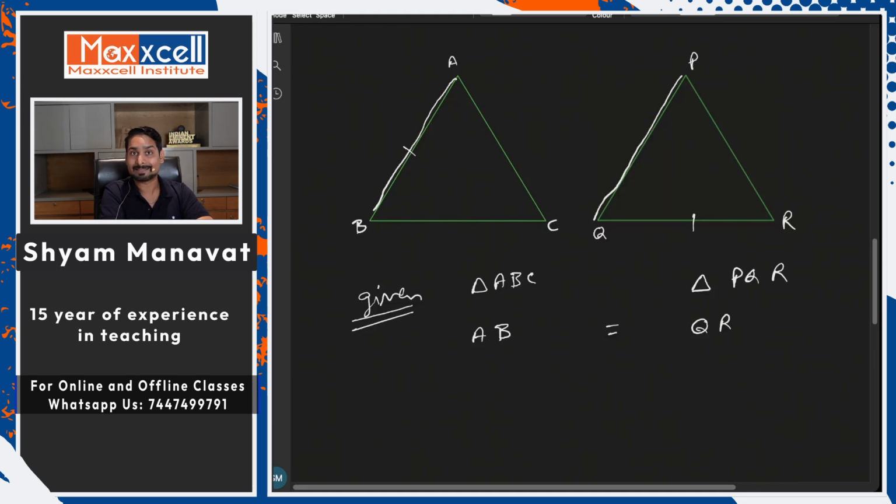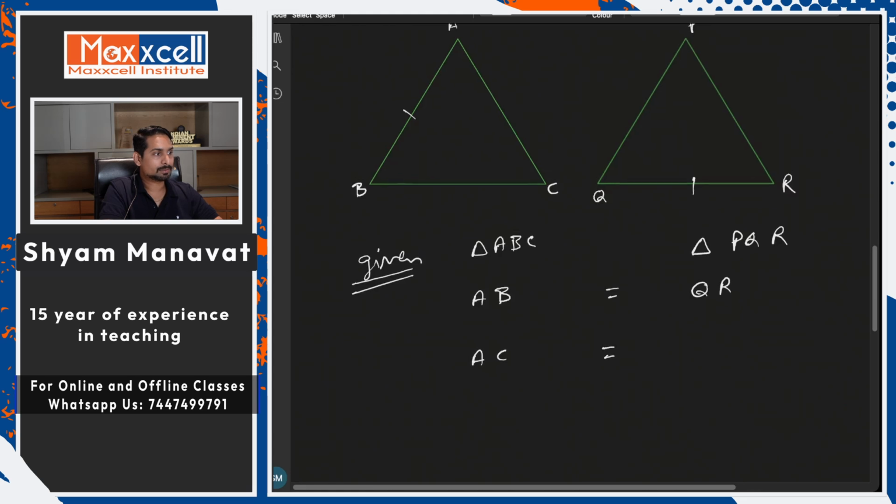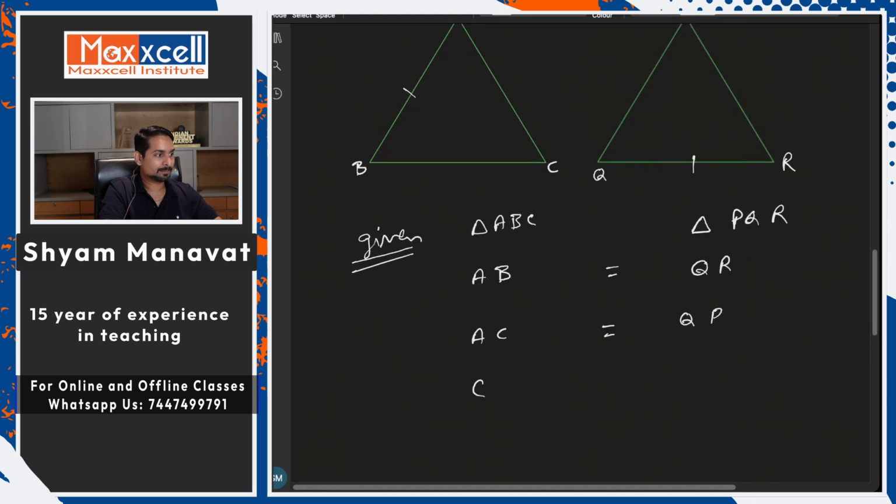It could be something else, but they are equal. If AC is equal to QP, or BC is equal to RP.